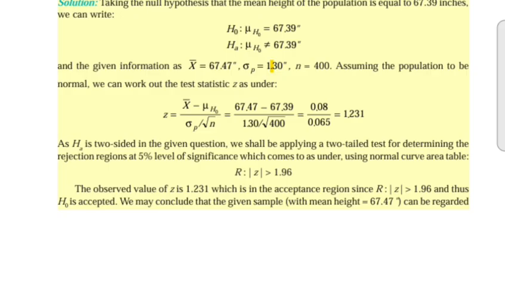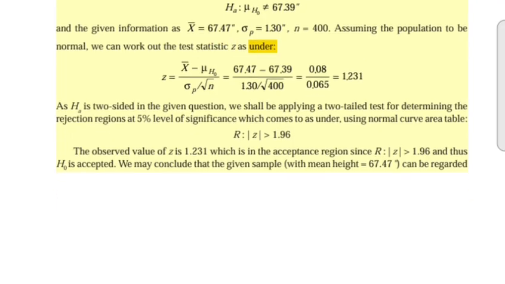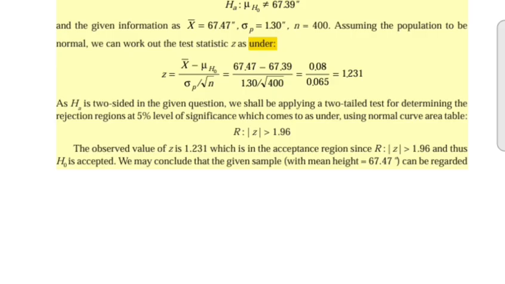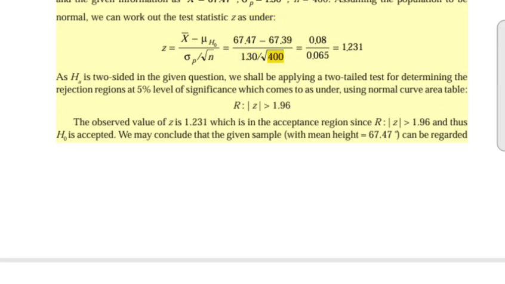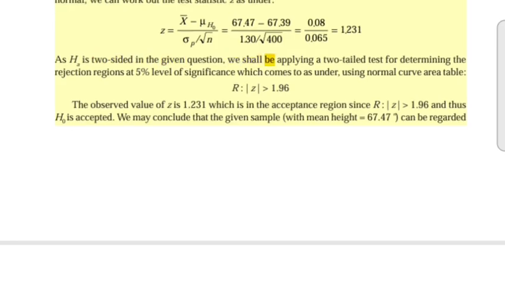Assuming the population to be normal, we can work out the test statistic z as under: z equals (67.47 − 67.39) / (1.30/√400) equals 0.08/0.065 equals 1.231. As HA is two-sided in the given question, we shall be applying a two-tailed test for determining the rejection regions at 5% level of significance.